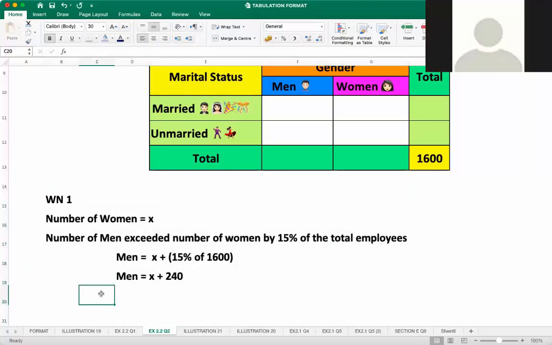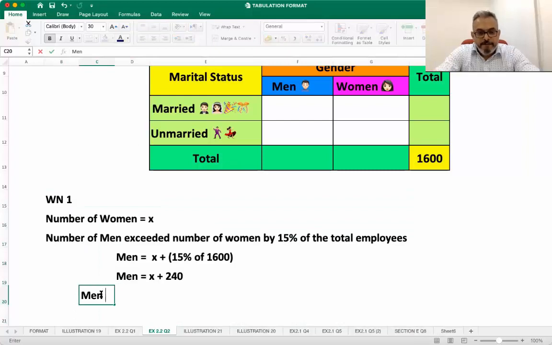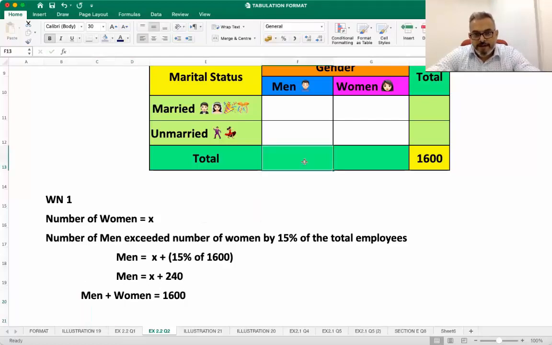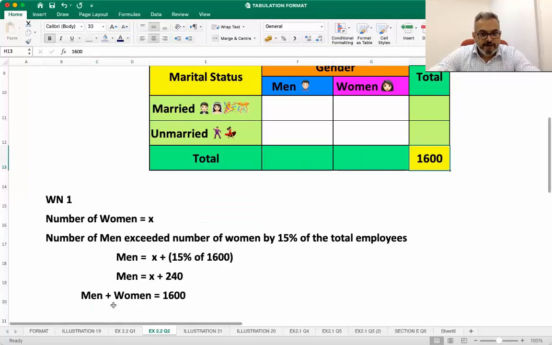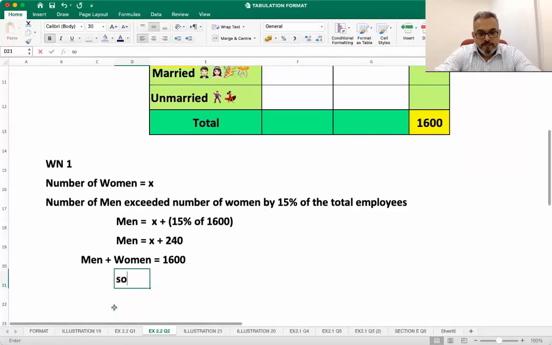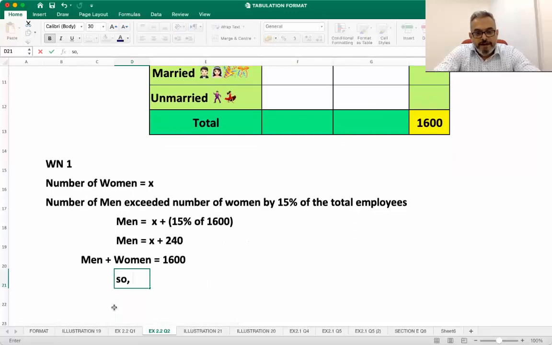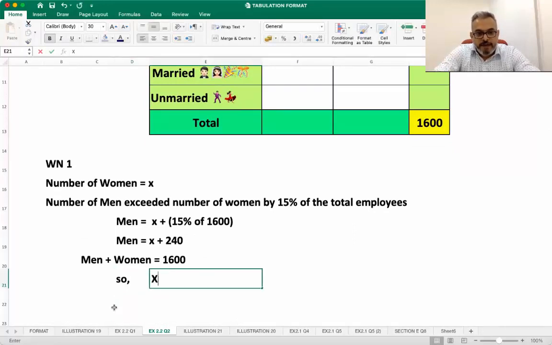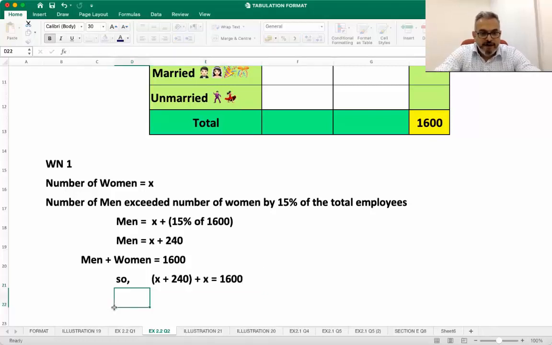Wait. Men plus women is equal to 1600. So men is X plus 240, plus women, that is X, is equal to 1600.